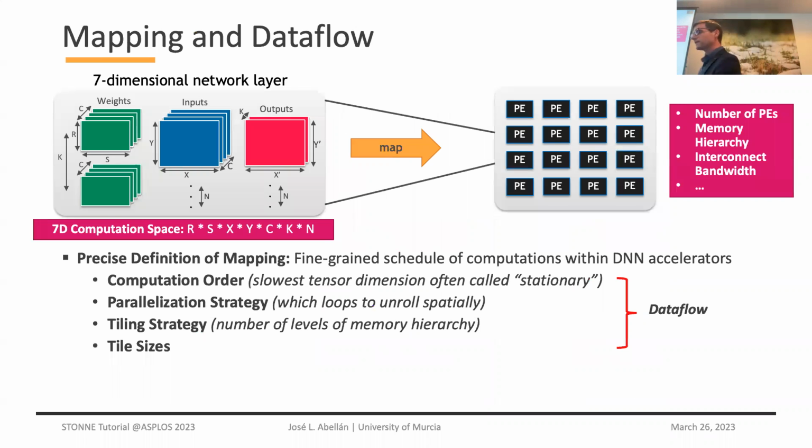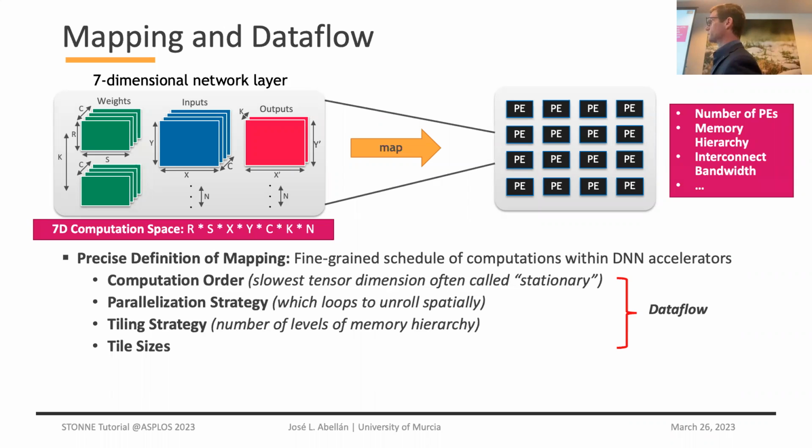We need to deeply understand how this can be taken into account in order to optimize the execution of DNN workloads. First, when you have a DNN workload, essentially what you are using is a set of matrices, tensors in general, with different dimensions.